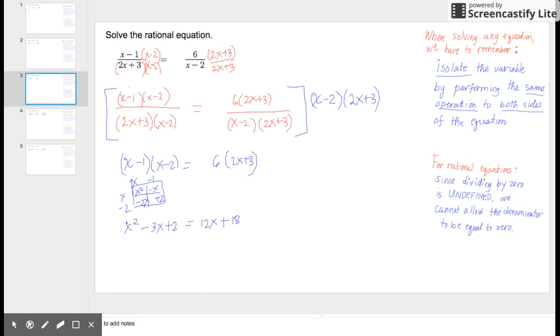Now, this becomes a quadratic equation because of the x squared, so we have to bring everything on one side and 0 on the other side. We have to minus 12x and minus 18. So we'll have x squared minus 15x minus 16 is equal to 0.